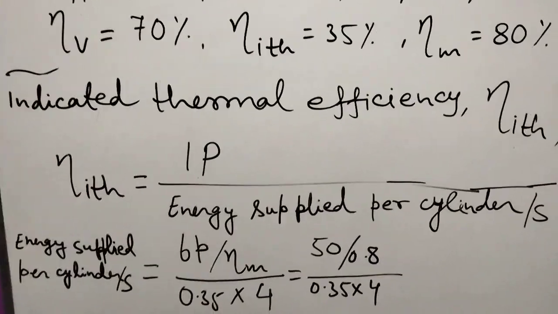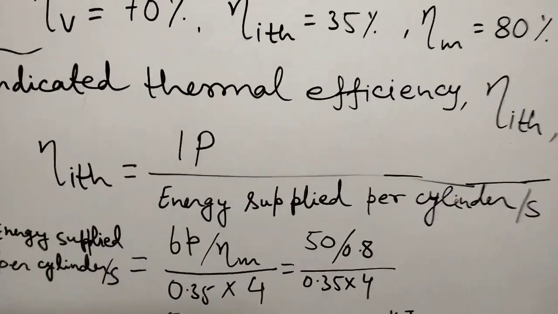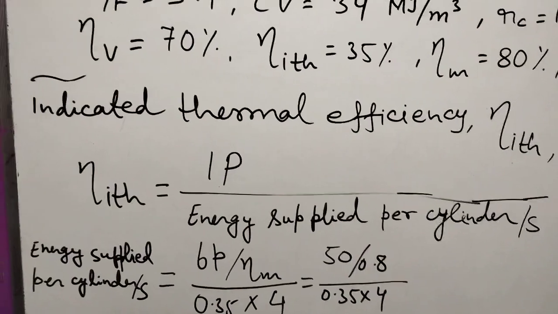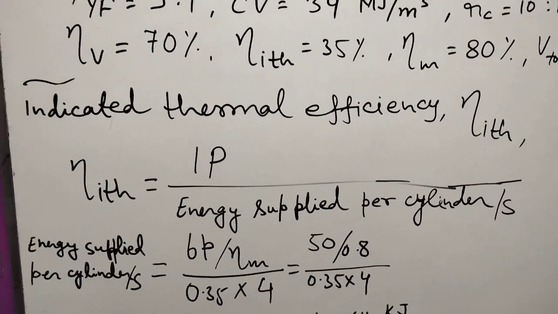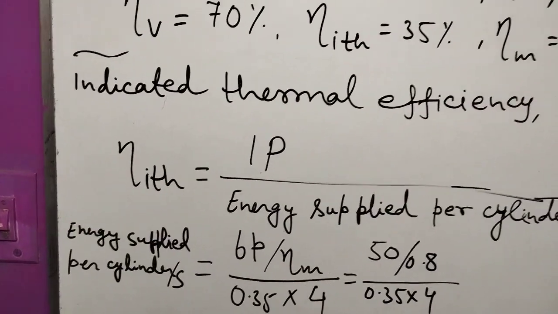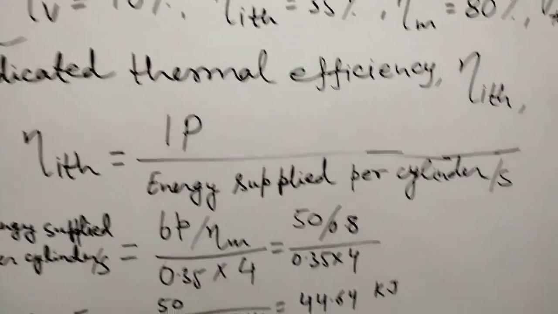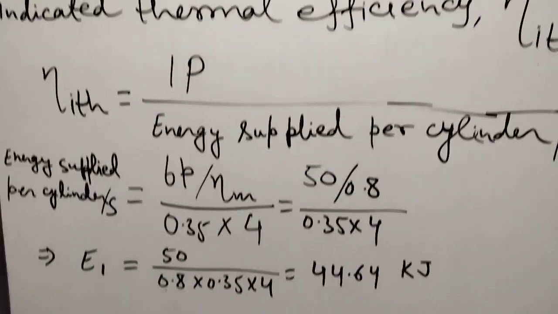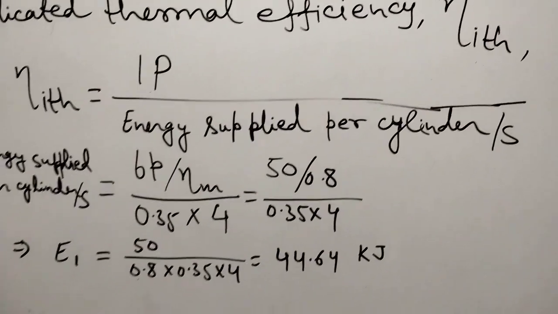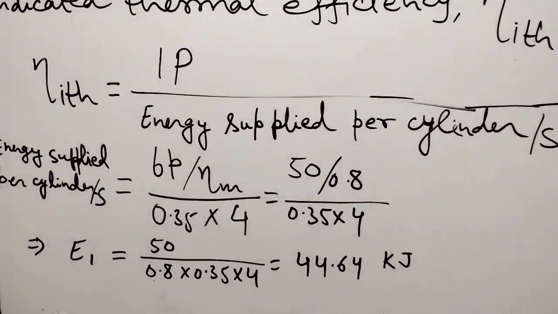Find out the indicated power. We apply the indicated thermal efficiency, eta ITH, equal to indicated power divided by energy supplied per second, which is from the calorific value.